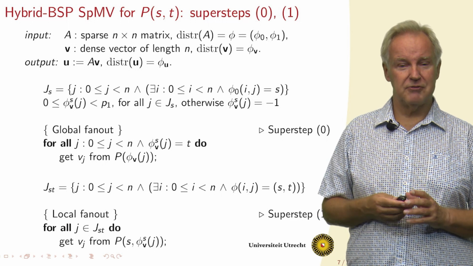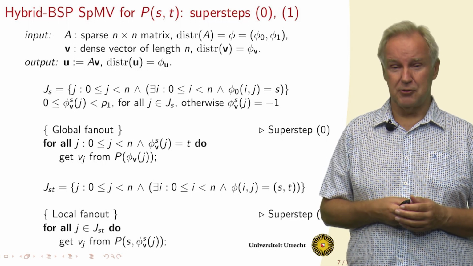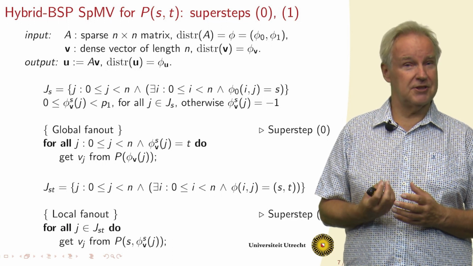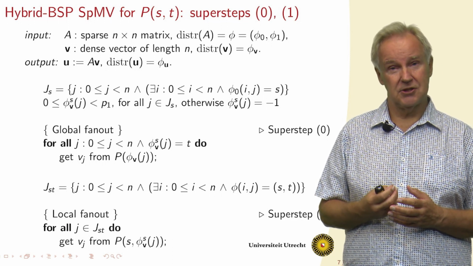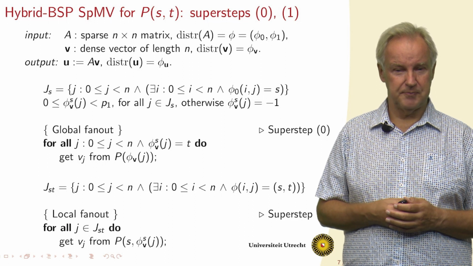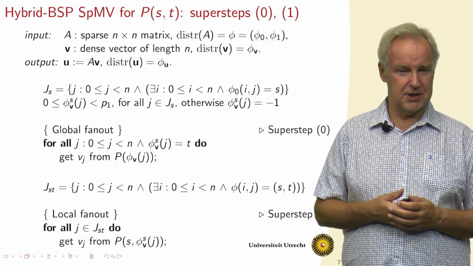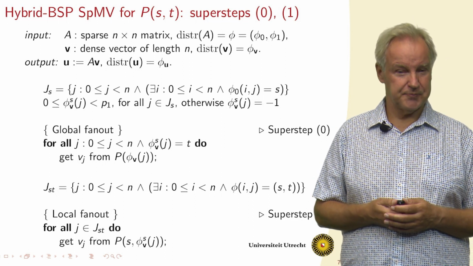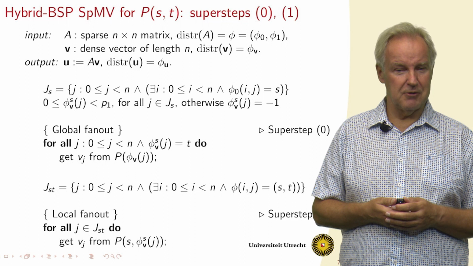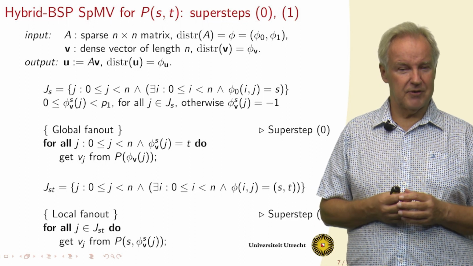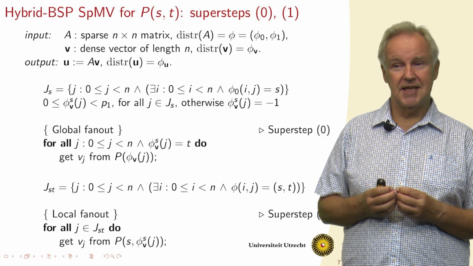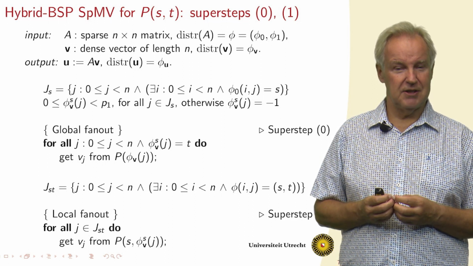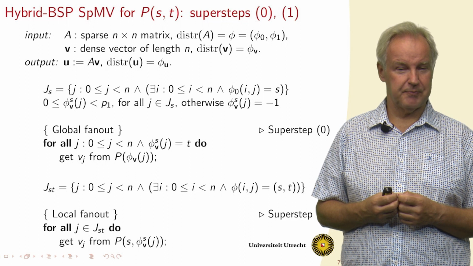And having done all of this, we can write down our algorithm. Note that it is an algorithm for processor P(s,t), so it is node s, core t in that node. The first two supersteps are a global fan-out and a local fan-out. So in the global fan-out, if you are the designated core, then you get the v_j from its source.